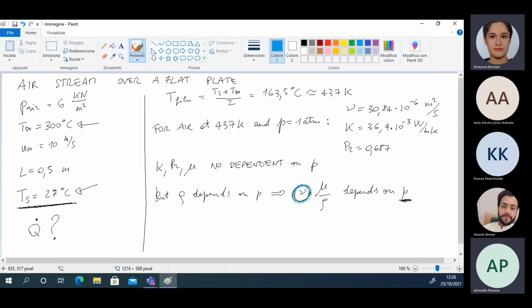We are considering air, so we can approximate air.